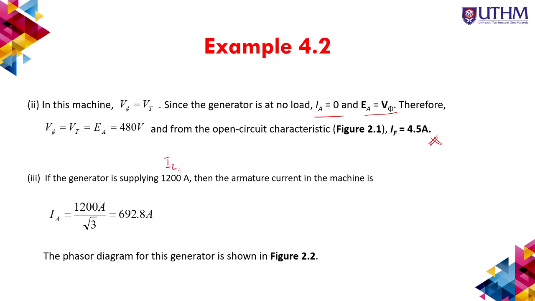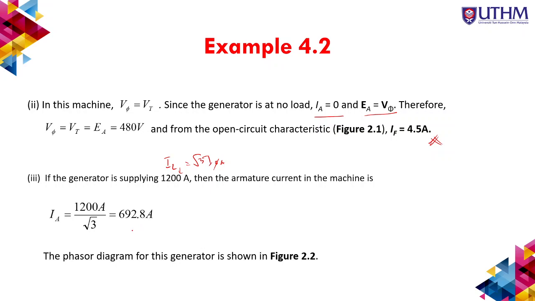Previously I think I said the IA, so I'm sorry, but this is line current. So we need to do some calculation. IA is equal to IL divided by root 3. Okay, I phase. So we calculate IA, and then we can get the IA.